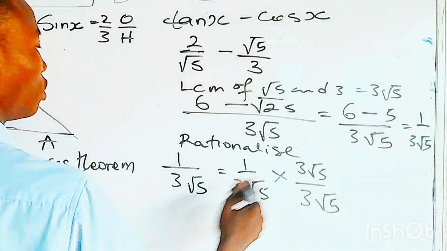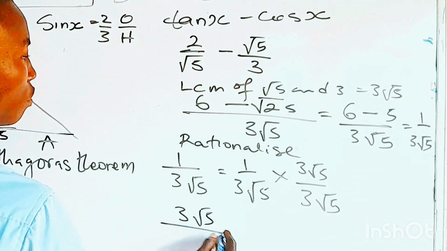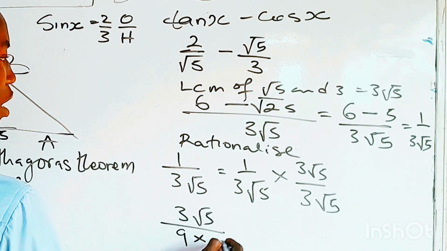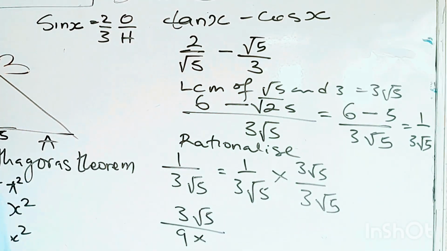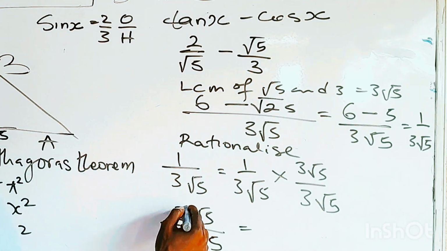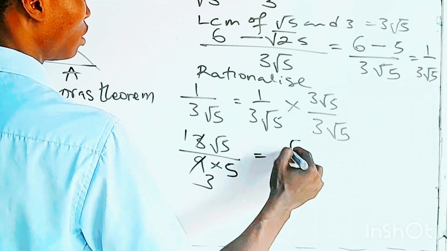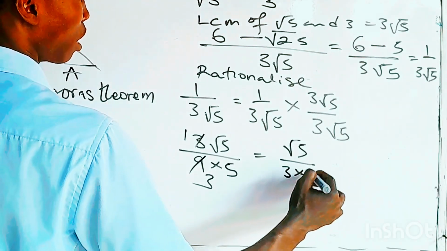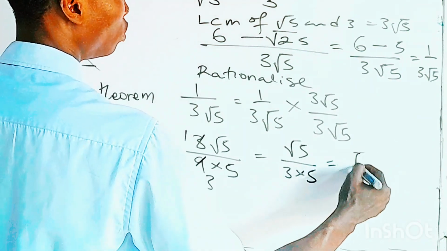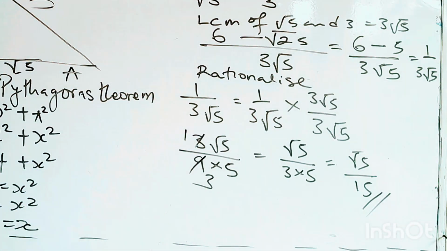So when you use this to multiply this, it will give you root 5 over 3 times 5, root 5 times root 5 gives you 5 at the end. So at the end of the day, you are going to have root 5 over 15. That is our final answer at the end.